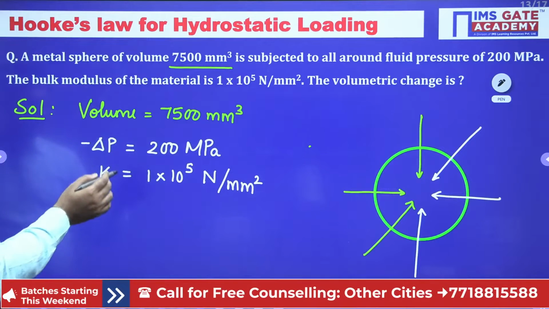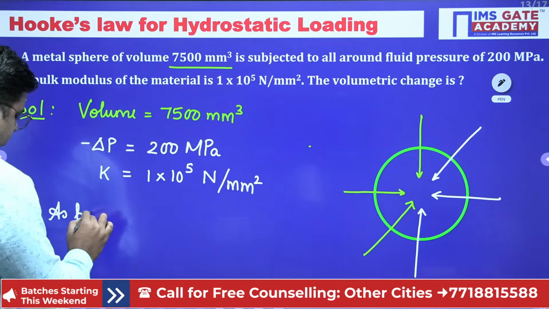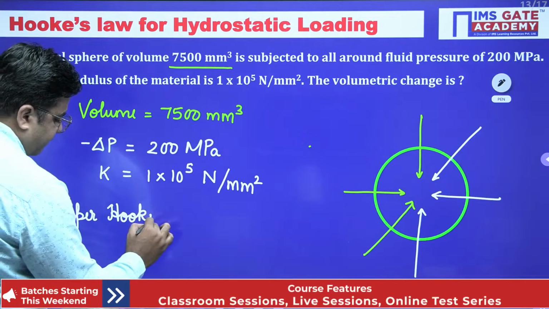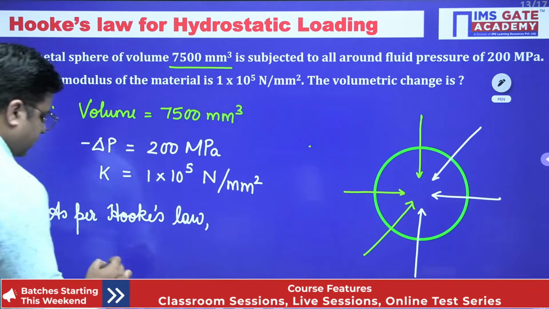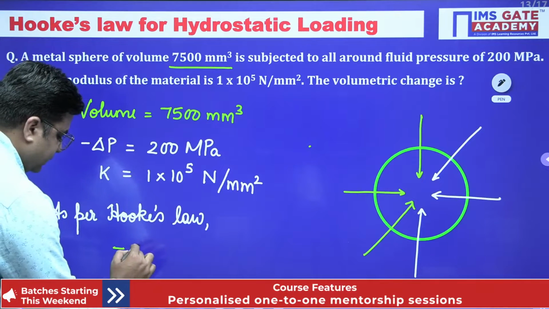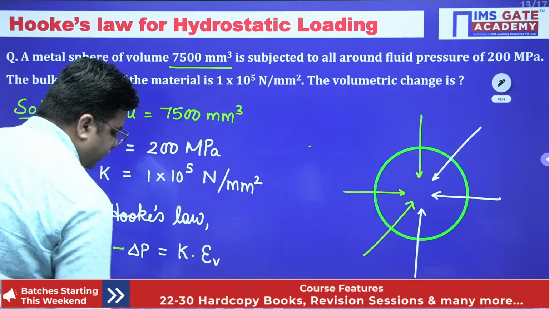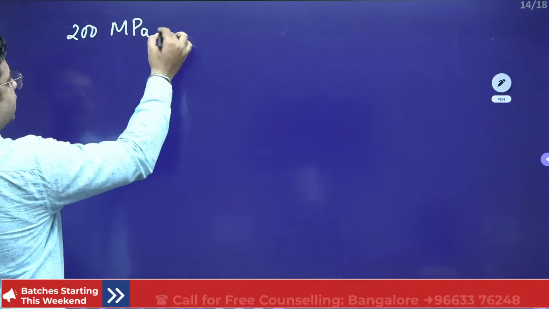So as per Hooke's law, minus delta P is equal to K into epsilon V, right? Minus delta P is 200 megapascal. I am writing all the units.